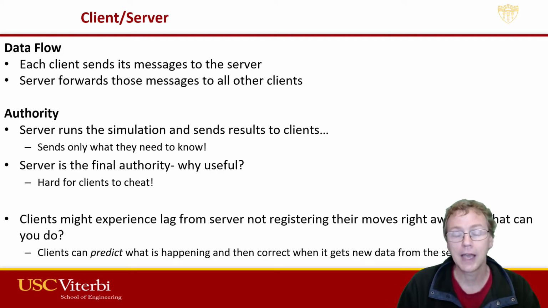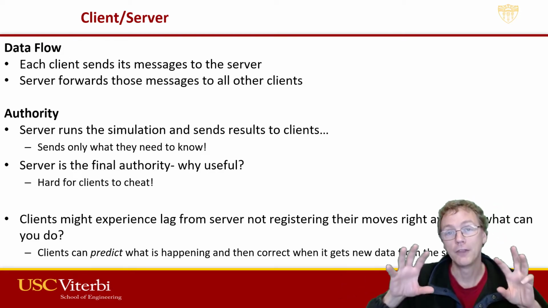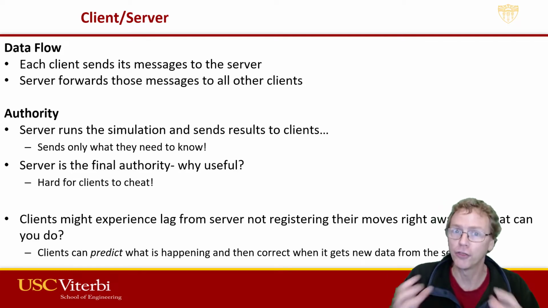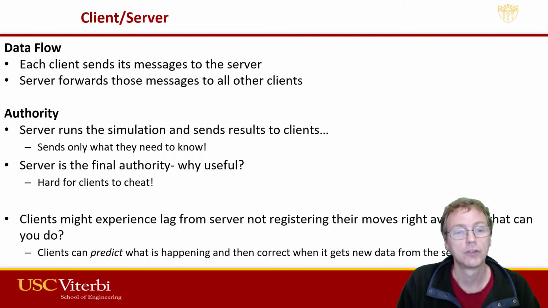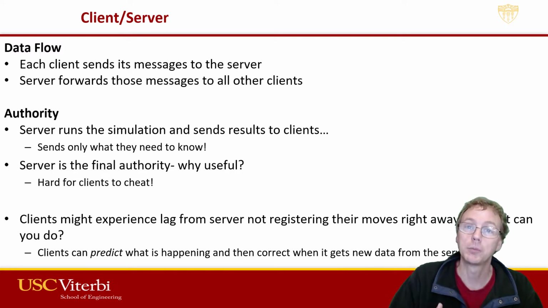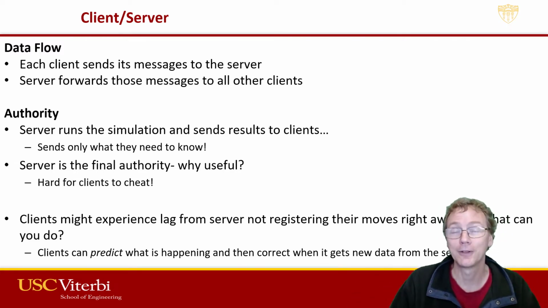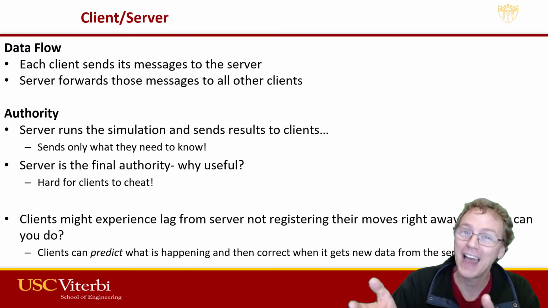You could absolutely have a server that just forwards the messages on, and those messages are authoritative messages that originated from whichever client sent it. So that would be a case where you have a client-server data flow with a peer-to-peer authority. And that absolutely can happen and does happen, often by accident.